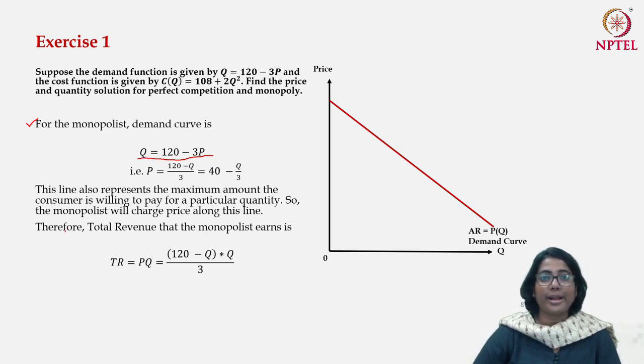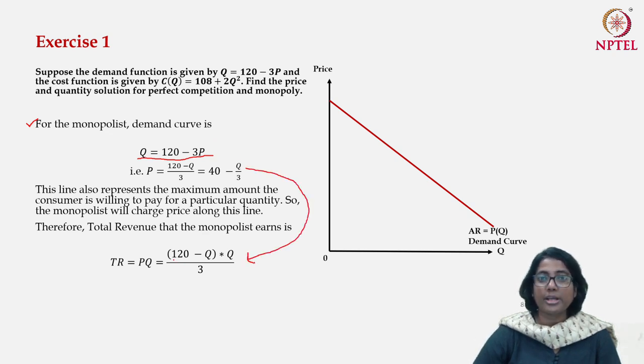Now we have to see where profit maximization leads us. Profit is again total revenue minus total cost. Now what is total revenue? Total revenue is P multiplied by Q, but this P is a function of Q itself. So we plug this value of P into this expression in order to derive the total revenue.